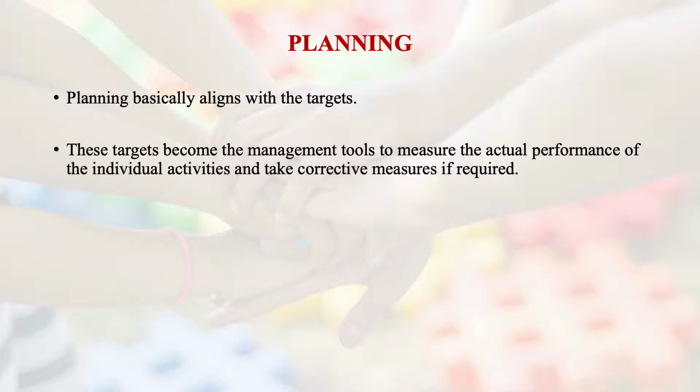And these targets become the management tools to measure the actual performance of the individual activities and take corrective measures if required. Now again, in this case, the organizational objective comes into picture. So that is how the organizing comes as a second element or second function of the process of management.